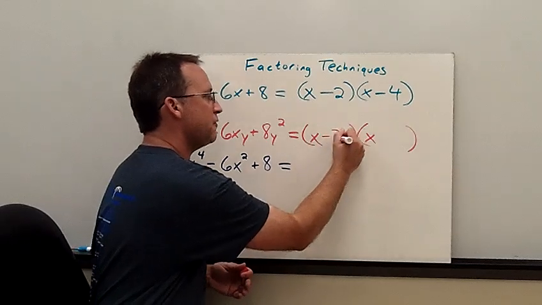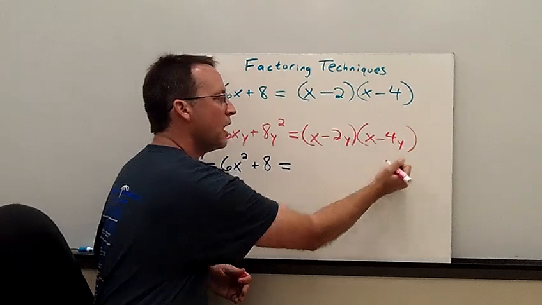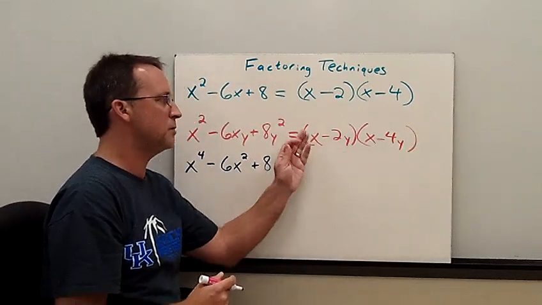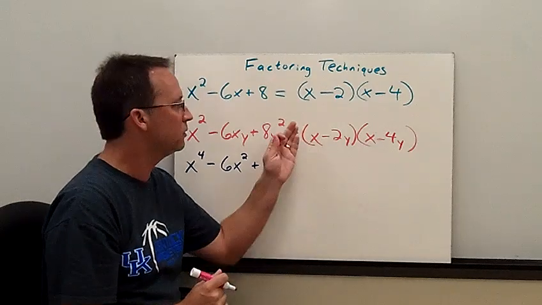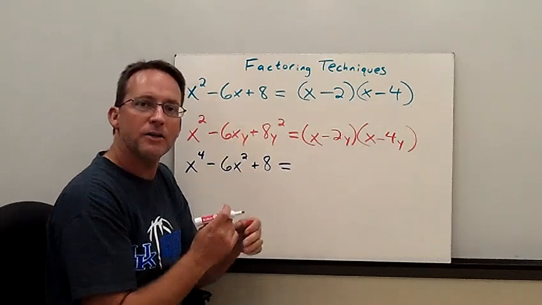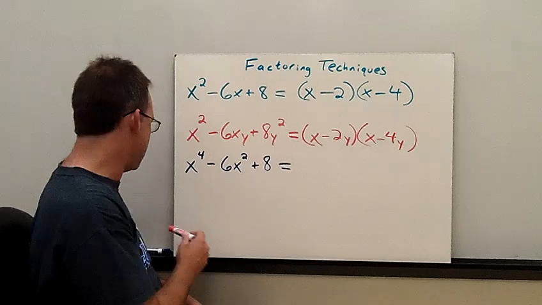It's the exact same factoring that you did here, only these two are going to have a y in there as well. So you get that y squared on the end, and when you do your distributive property, or some of you learned it as FOIL, when you do your outer and your inner terms, you get that xy term in the middle.